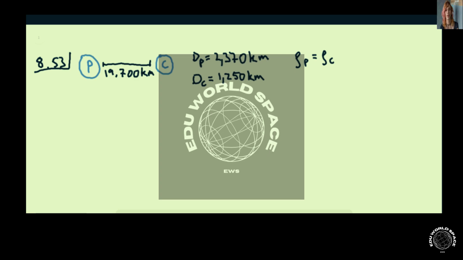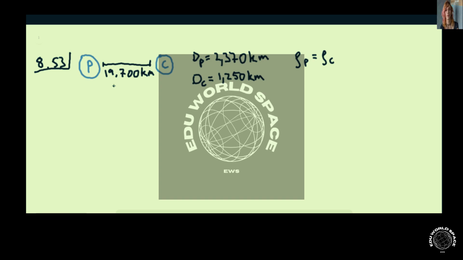If you make some assumptions about, in this case, the composition of the two bodies being the same, and so their densities would be the same, then you can actually figure out something about this. I believe you can also figure out their center of mass through observing their orbiting around each other, but that's not what this problem is about.